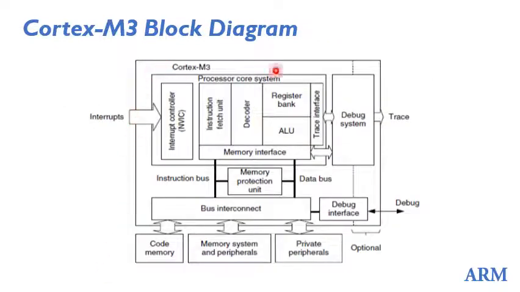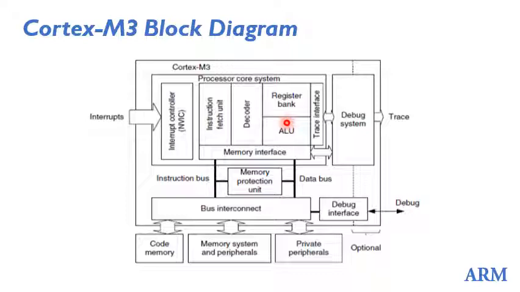This is the overall block diagram of a Cortex M3 processor. As we have just discussed, this Cortex M3 has got a three-stage pipeline. So here is the three-stage pipeline unit. The first one is the instruction fetch unit, the second one is the decoder, and the third one is the execution unit.